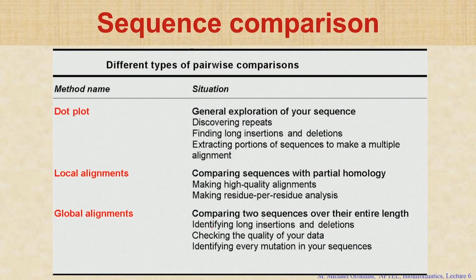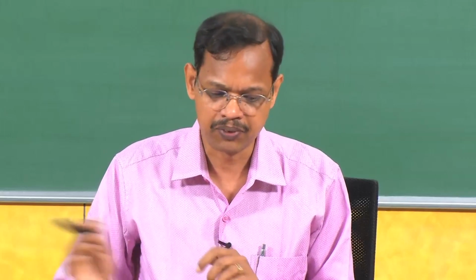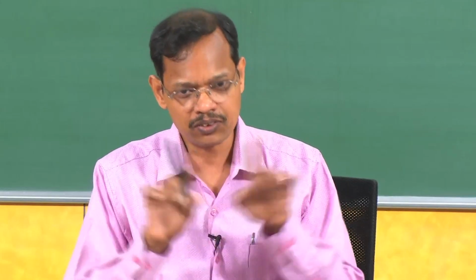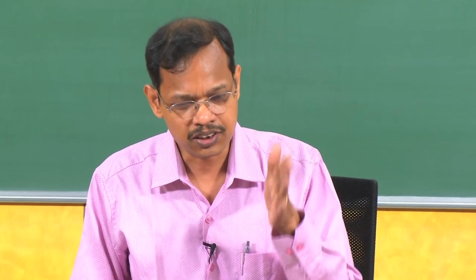In this case there are various methods available to compare these two sequences. This is called pairwise comparison. The simplest one is the dot plot. This will compare these two sequences, and if the sequences are the same, then we put a dot. I will explain in a couple of minutes. From this plot we can see whether the same residue is located at the same place, or whether there is any shift, like a one residue shift in the first sequence or in the second sequence.